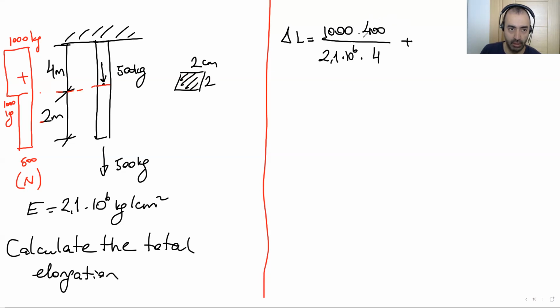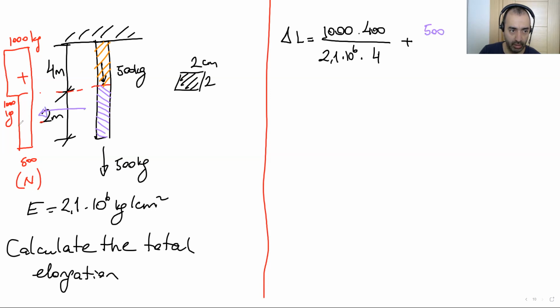Okay, plus. This is the elongation for this portion. Now I'm gonna write it for this portion plus the axial force over here is 500 in this portion.